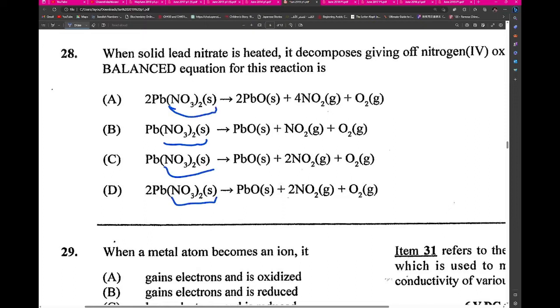But what would it give us? Decomposition. Decomposition of lead nitrate should give us lead oxide and 4 molecules of that. So A is the best answer here.